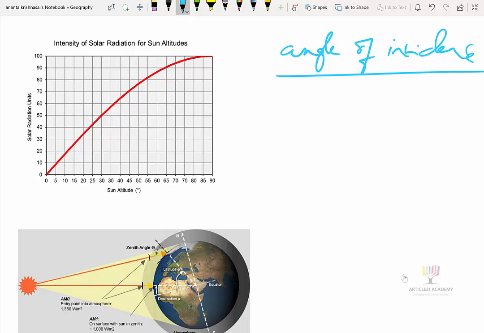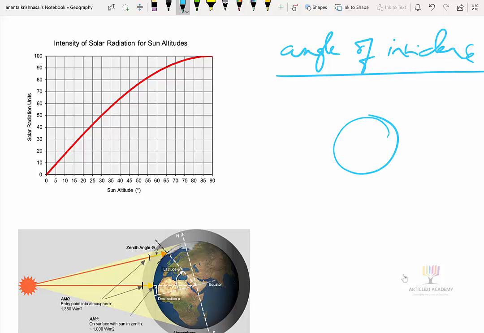The primary reason for this lower intensity is that the rays spread over a larger area.